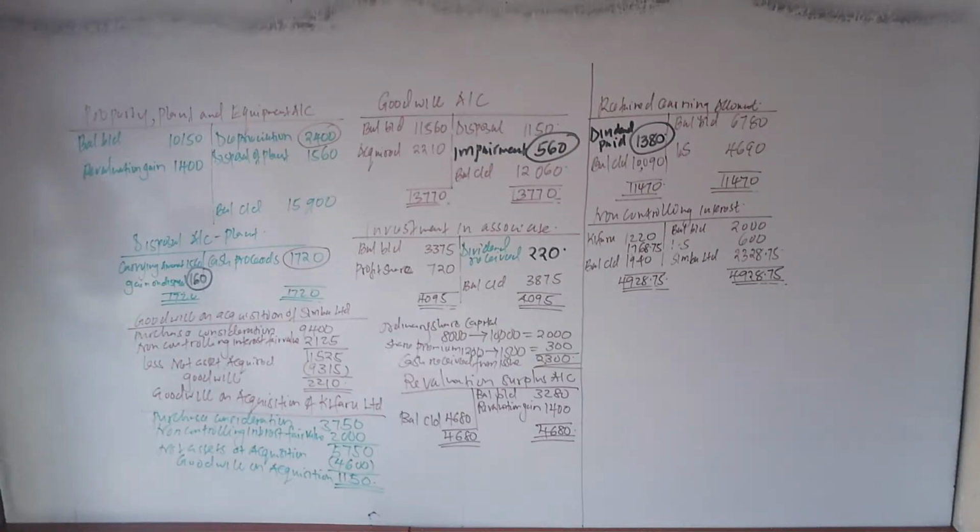I'm not talking about the disposal, I'm talking about the acquisition. During the year ended 30th September 2024, Dovu Limited acquired 75% of the ordinary share capital of Simba Limited. So it was acquired during that financial year.